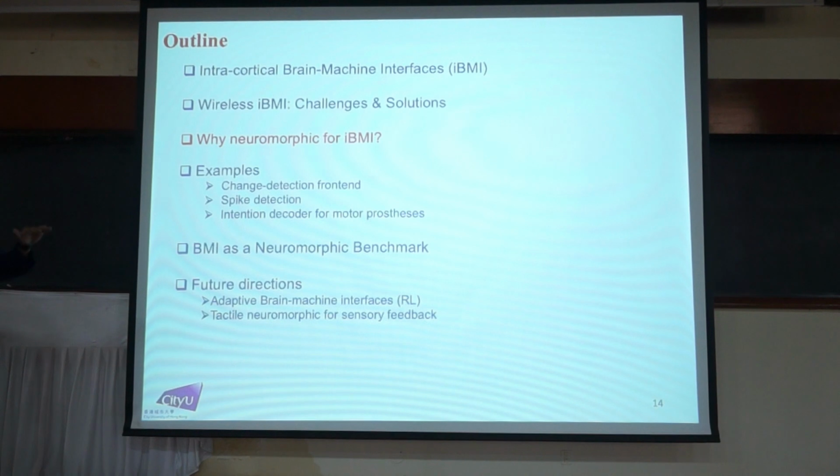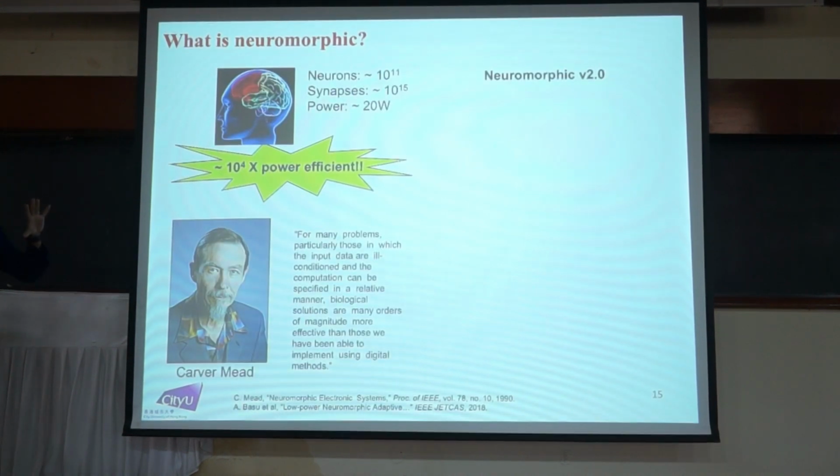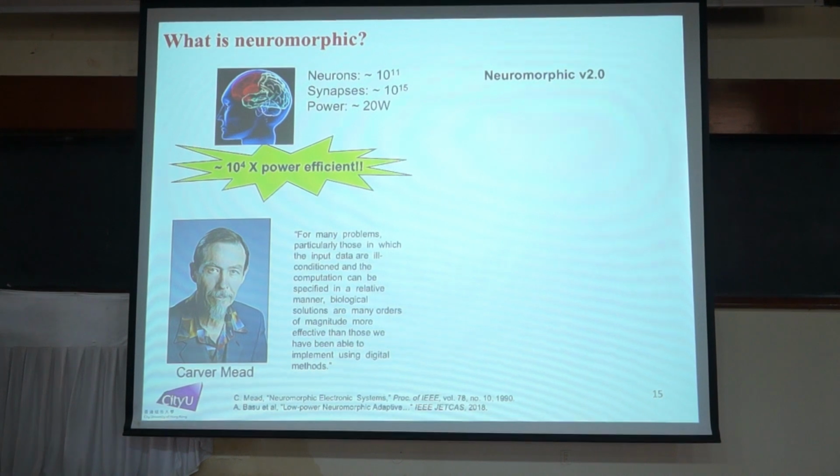Okay, so the next question, why neuromorphic? Why not something else? I guess at this meeting, I should not even be having this part, but let's just have this discussion. Okay. So, of course, I have to qualify what I mean by neuromorphic. There's a lot of different variants of how people define it. If you look at the original paper by Carver, there we are talking about using analog or physical computing similar to the brain, because the brain is also using a lot of analog voltages, currents, ionic concentrations, and so on.